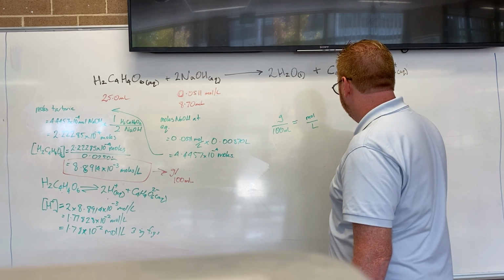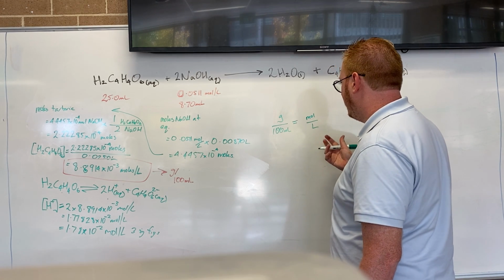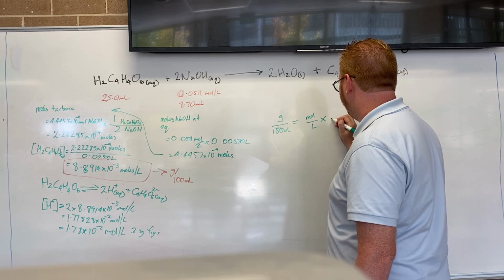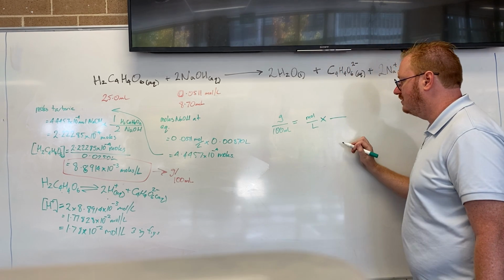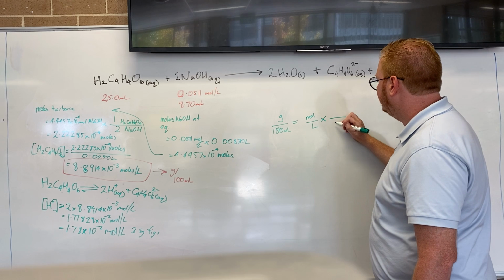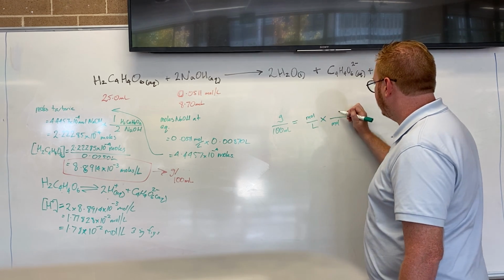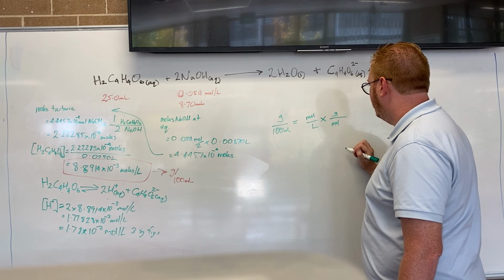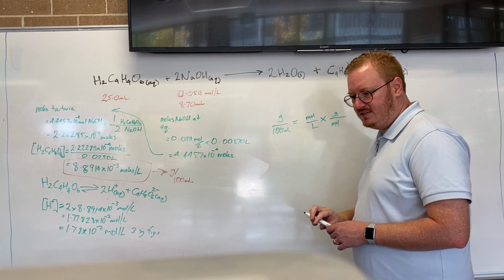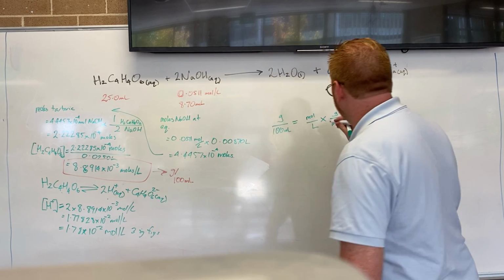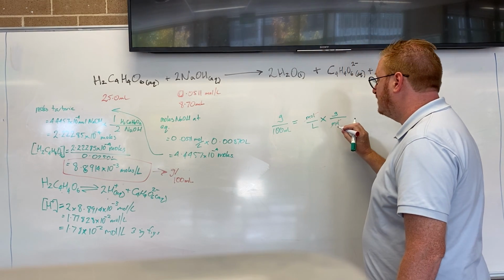We do it in a certain way, but I'm going to start this way. I'm going to multiply it by a fraction. I need to get rid of moles, so I'm going to put it on the bottom of this fraction. And I need to introduce grams, so I'm going to put it on top. What's going to happen is the moles will cancel and I'll be left with grams per litre.